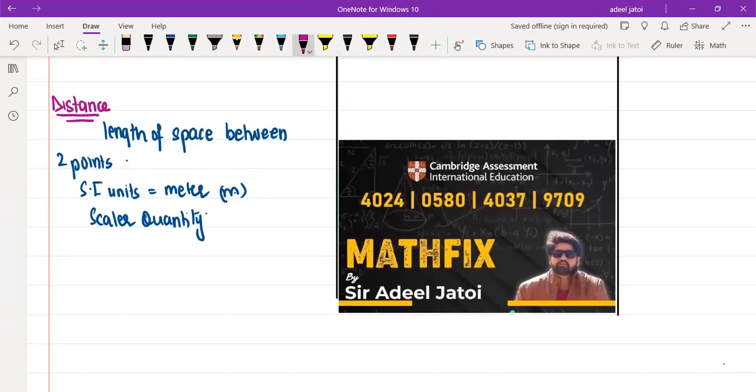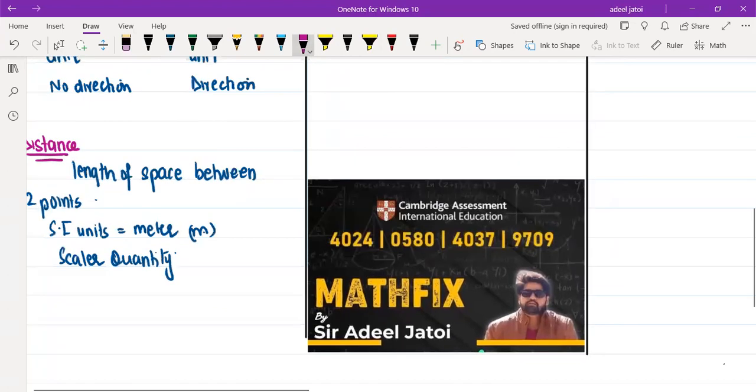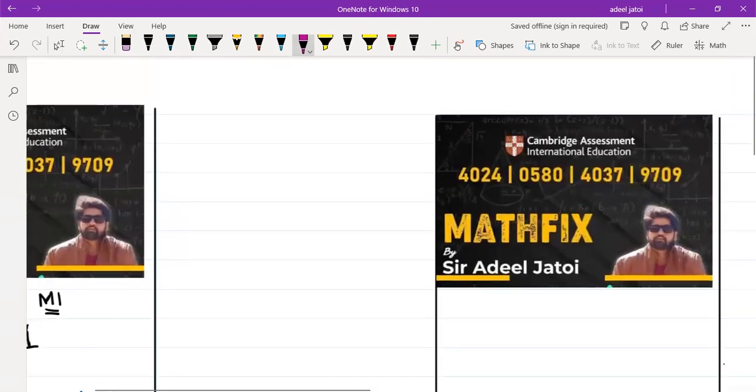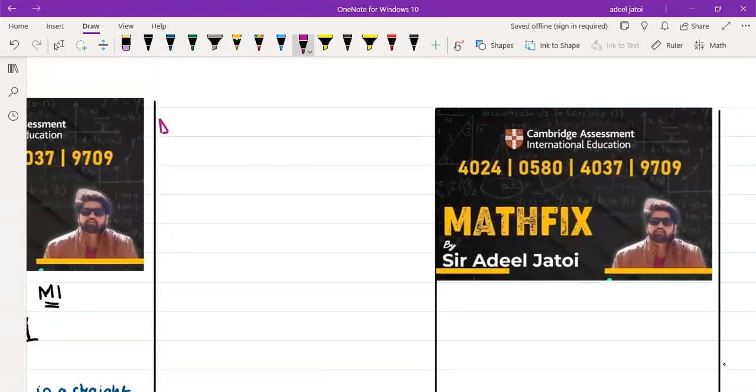Similarly, let's work upon displacement now. What is displacement?